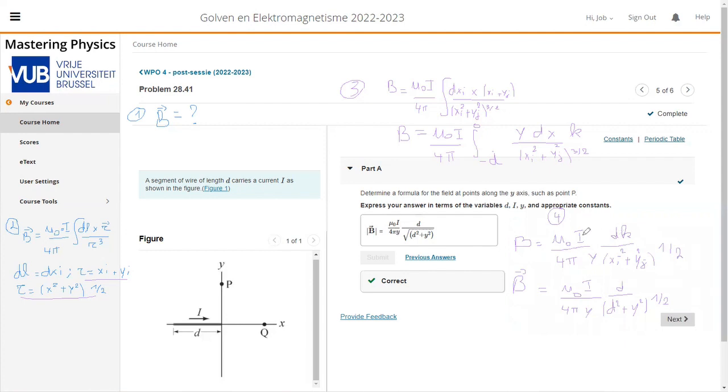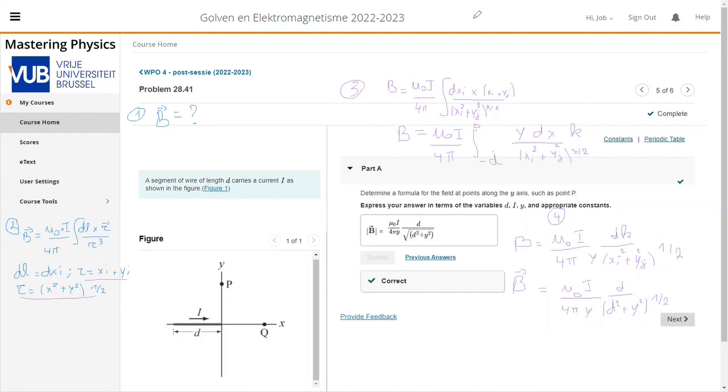Then you have step 4. Step 4 just says that you have to use this. You have to calculate this, and it will give you this one. But what I did was put this y outside, so you can easily see that too. You see, that's the answer.